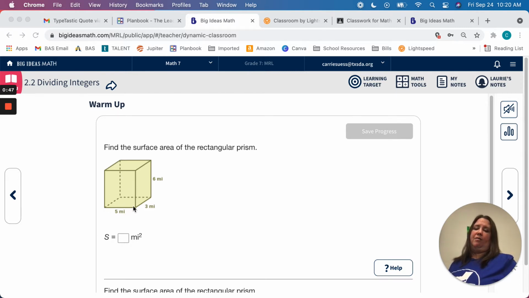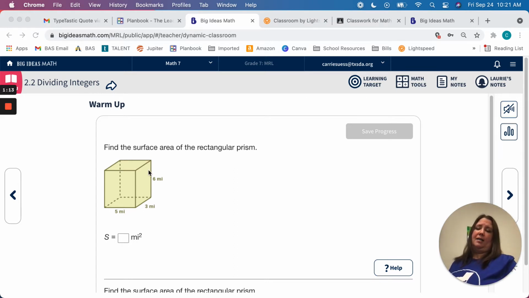This is 5 and this is 6 going up, because this length is the same as this length. So for the front face of this cube, it's 5 times 6, which is 30. And then you have another one in the back. It's the same size. So that's another 30. So you're going to add 30 and 30 and get 60. So that's the front and the back of this cube.